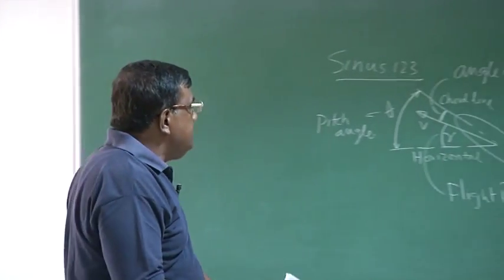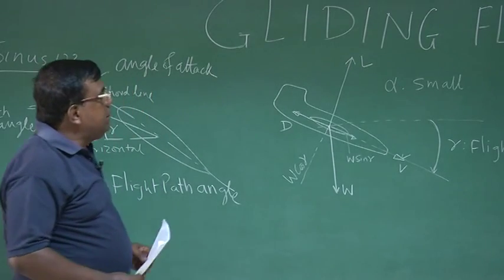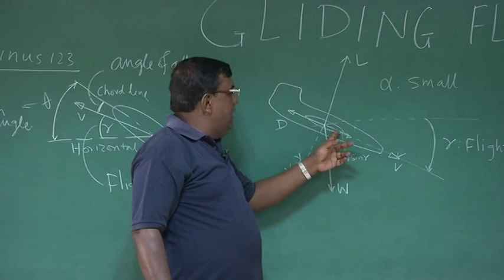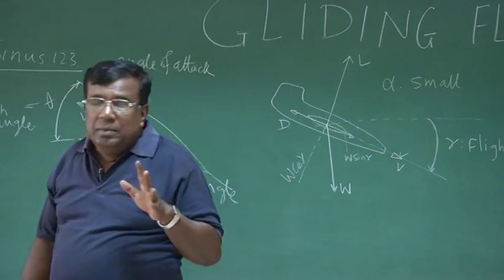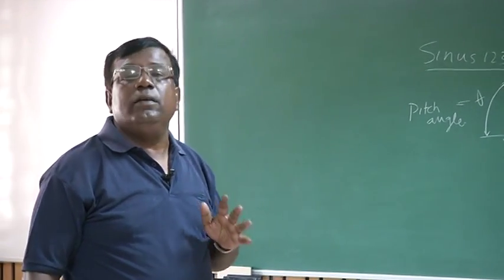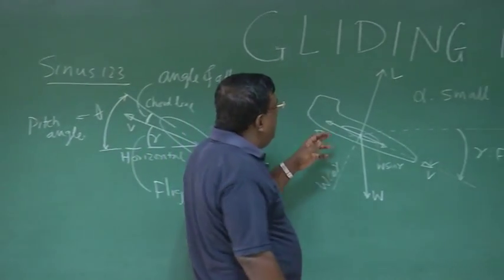But if I look at this diagram, what is the angle of attack here? The velocity vector is aligned to the chord line. This is a simplified diagram, with the assumption that we are flying at a very low angle of attack. So actually there is an angle of attack, but since we are assuming alpha is small, we are drawing it like this.